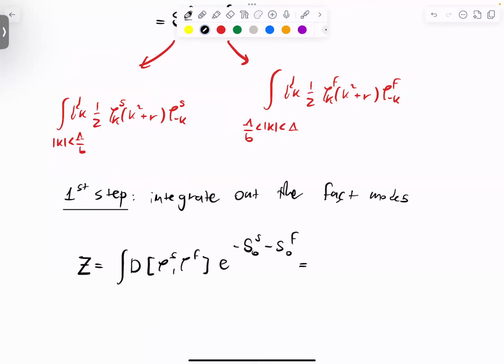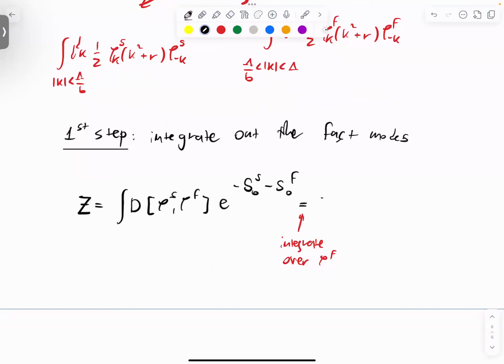But when we do the integration, we basically get two completely decoupled theories, which is Z fast times the integral D phi slow e to the minus S0 slow.